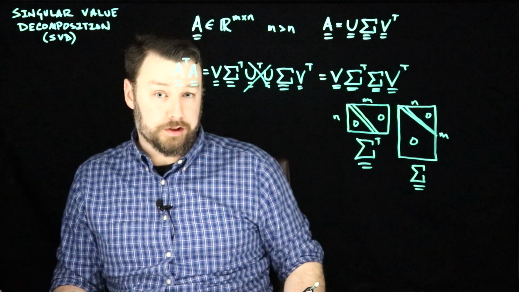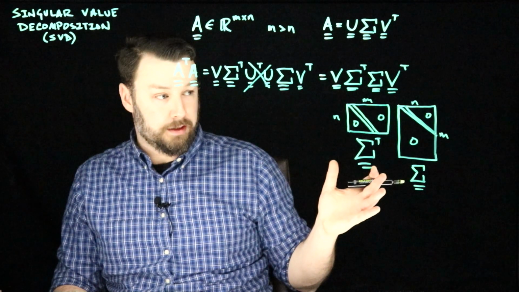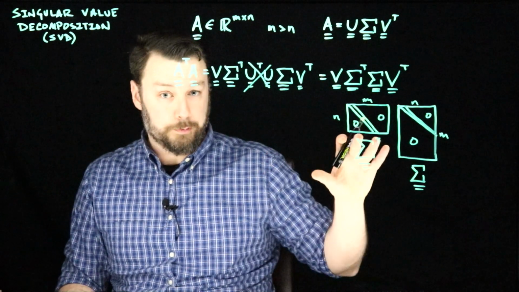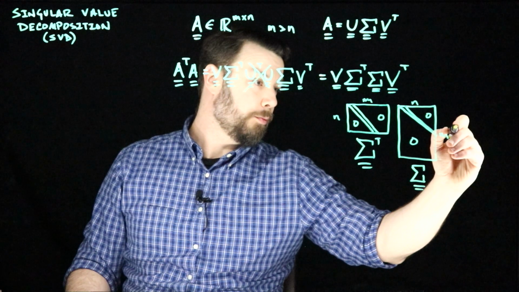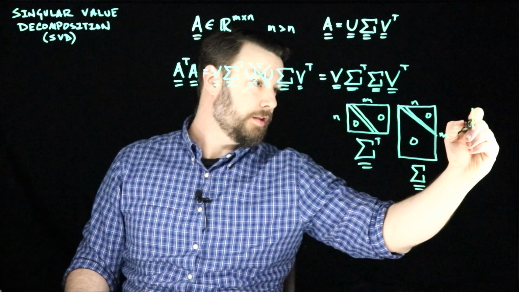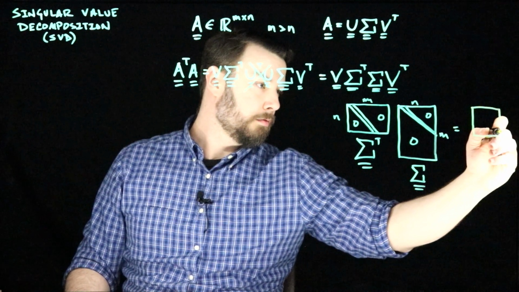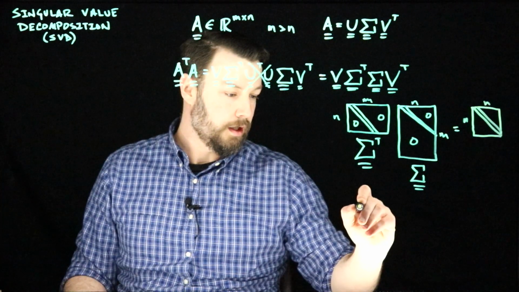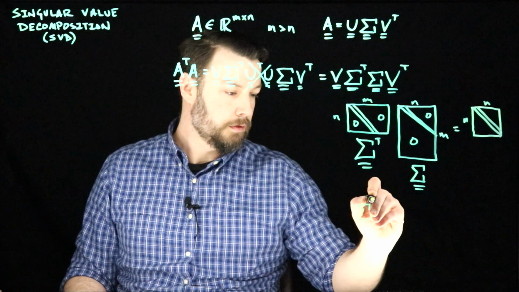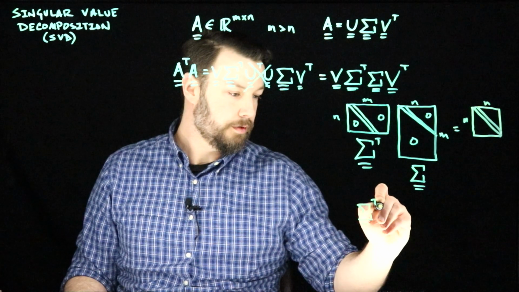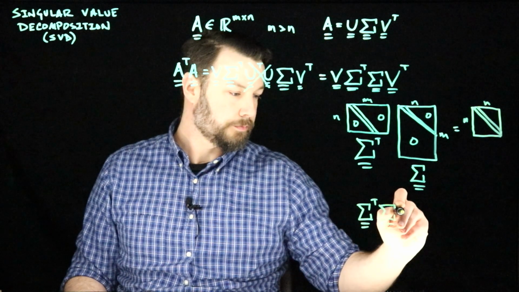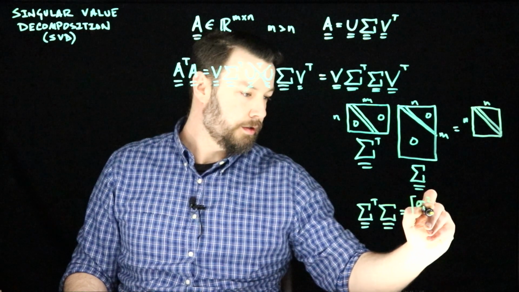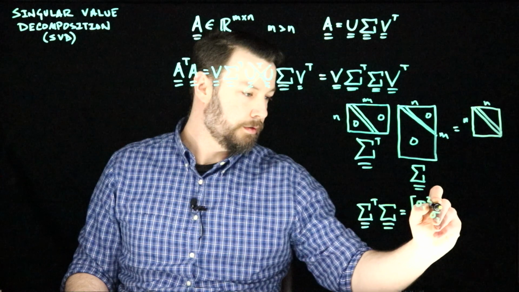So this is going to give us a square matrix that's N by N whose diagonal is the squared singular values. So sigma transpose sigma contains sigma 1 squared, sigma 2 squared, and so on.